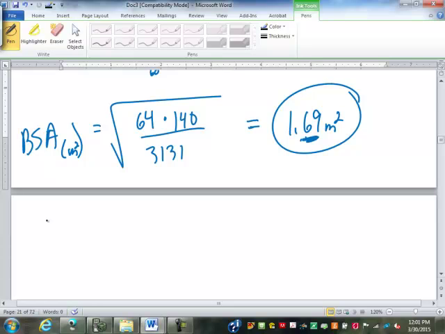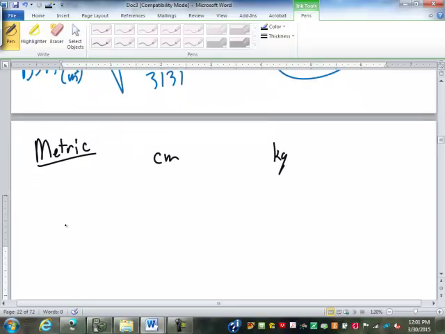Now, if we have a patient that is measured in metric, or if their statistics are measured in metric, the height is going to be in centimeters and the weight in kilograms. The formula becomes, again, the body surface area is still given in meters squared.